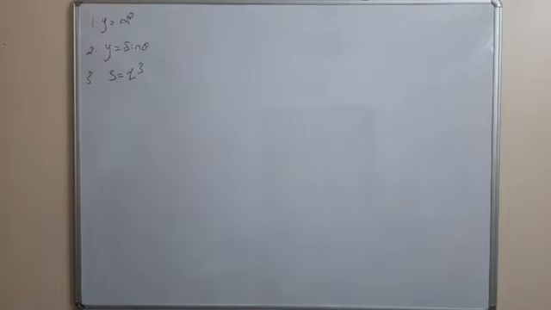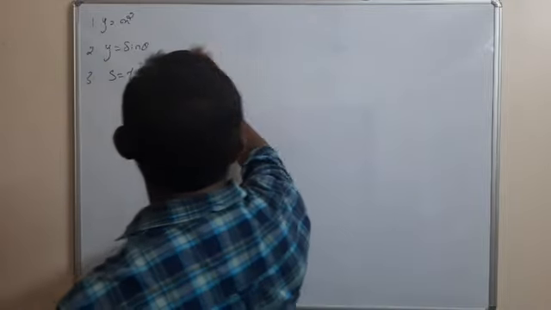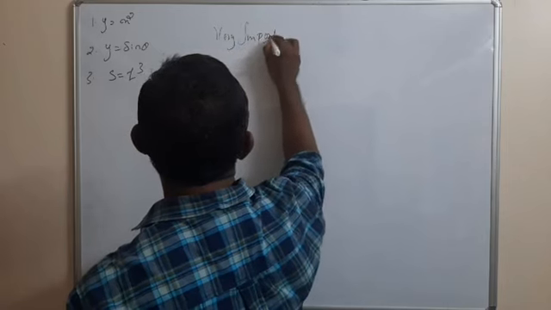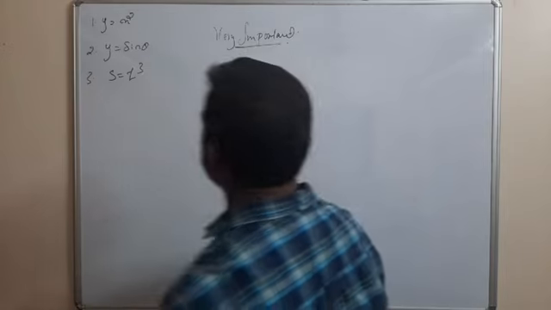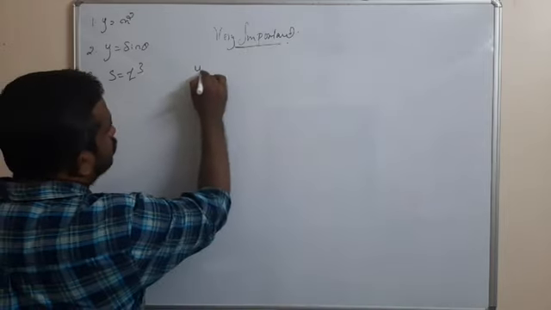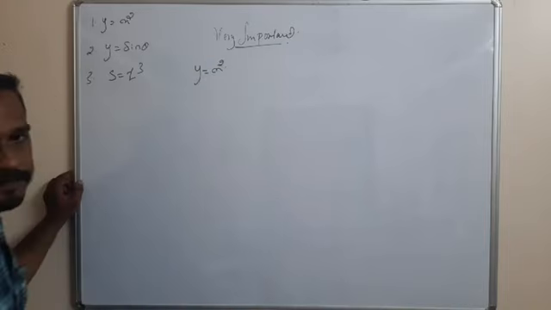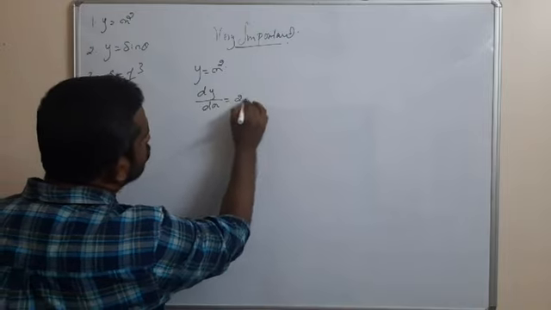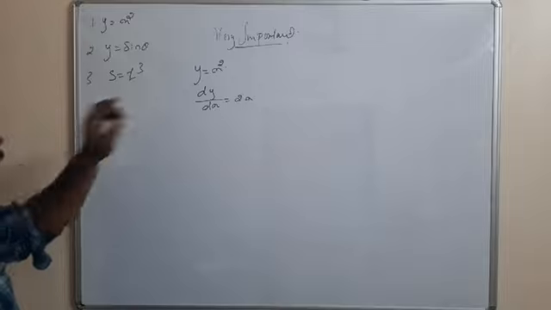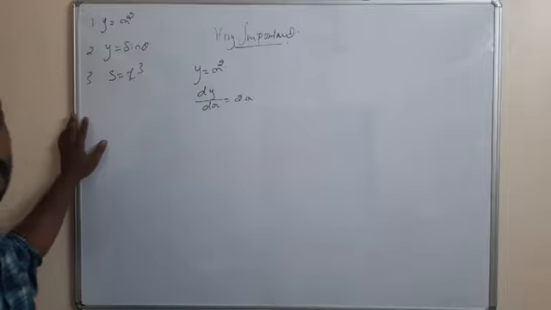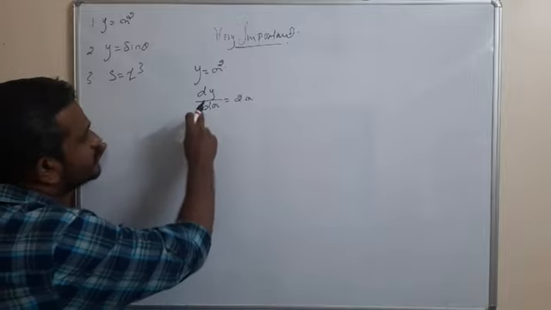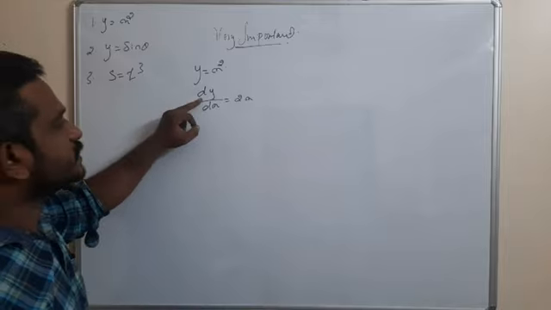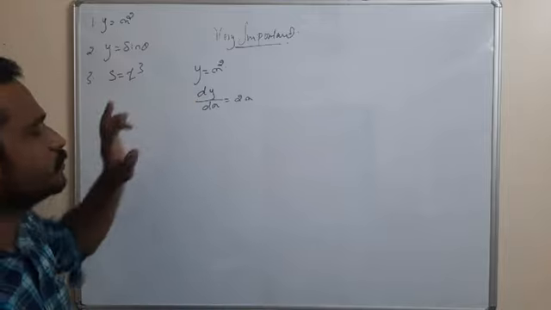So next is very important. y is equal to x square, so dy by dx equal to 2x. y is a function of x, so we are differentiating with respect to x, that is the rate of change of y with respect to x, which is 2x.